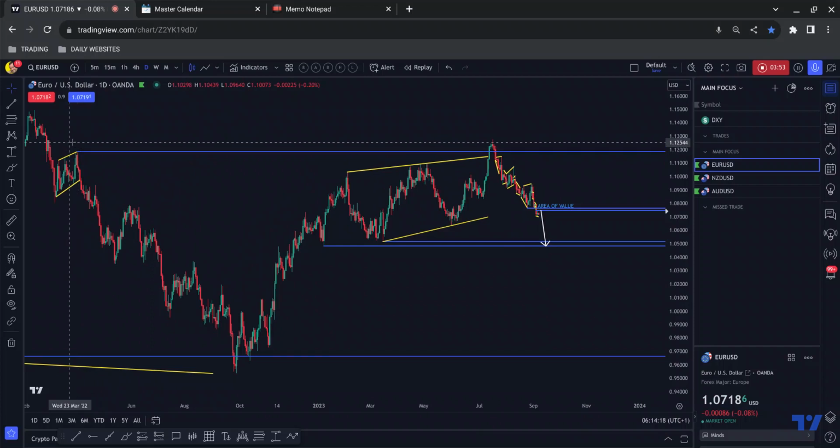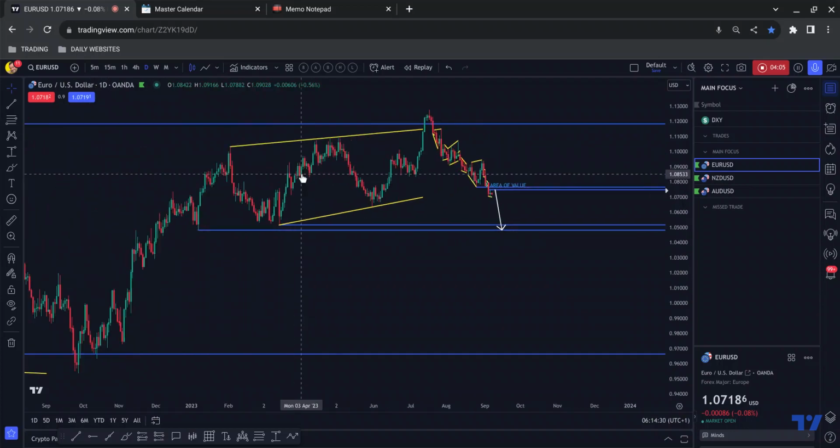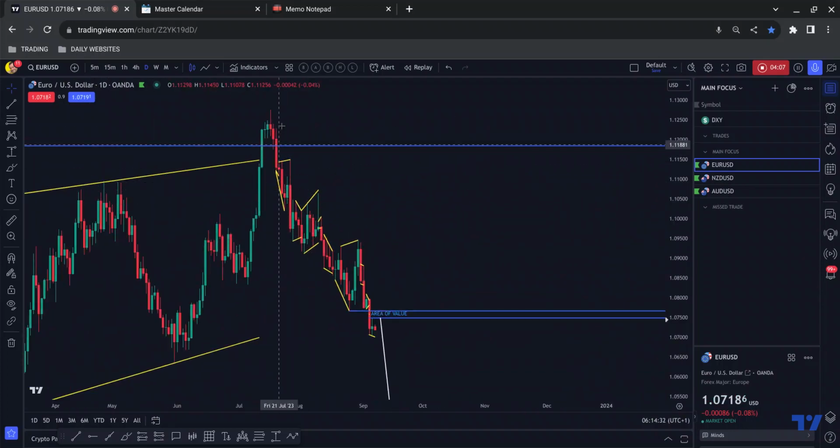You can see that when price got to that area last time around, it sold off aggressively. It moved up very sharply, moved down very sharply, giving me a clue that there were a lot of orders in that area. We then have the push down and the impulses and corrections.